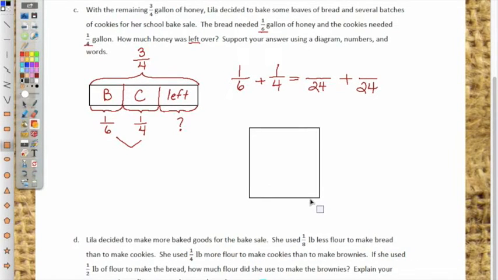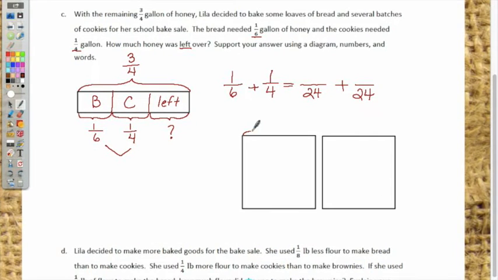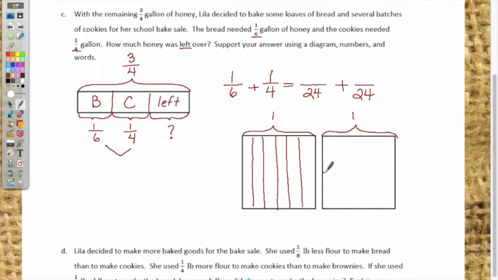And this is just a regular addition. So the first one has sixths. The second one has fourths.